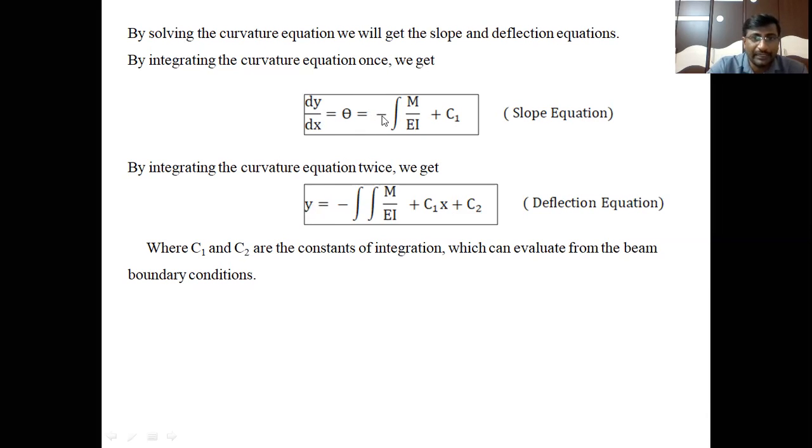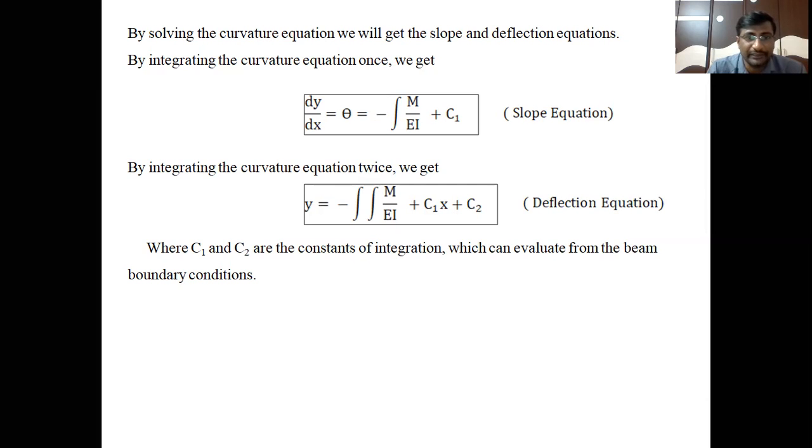That is equal to minus the double integration of M by EI plus C1 x. C1 is a constant, and the integration of a constant with respect to x is C1 x, plus another integration constant C2. So C2 is another integration constant.